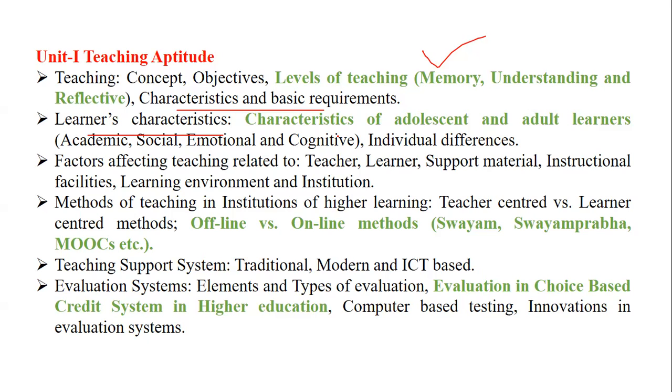We have methods of teaching, offline, online methods, including Swayam, Prabha, and MOOCs. At the same time, we have teaching support system with traditional, modern, and ICT-based, and we have evaluation system with the help of types of evaluation, computer-based testing, as well as innovation in evaluation system. So this is, in short, a quick glance at the syllabus.